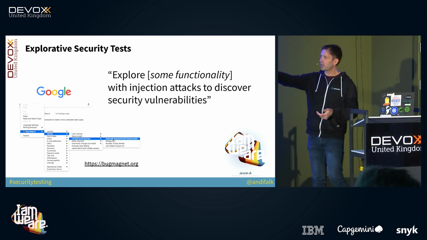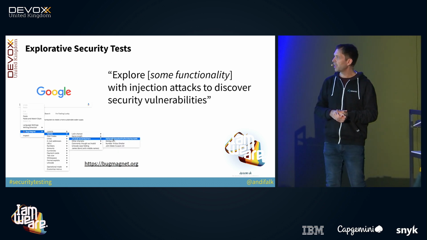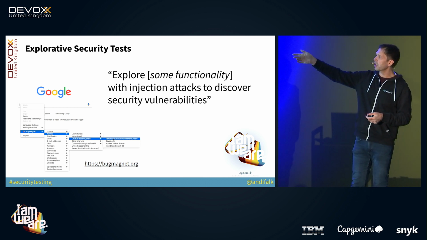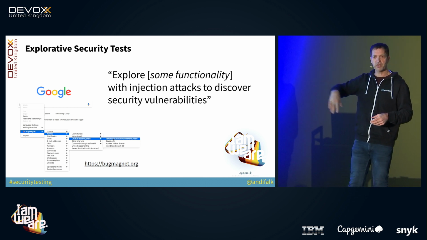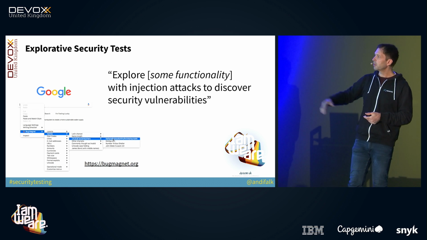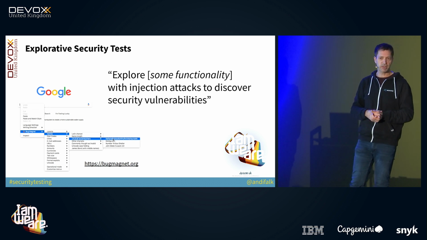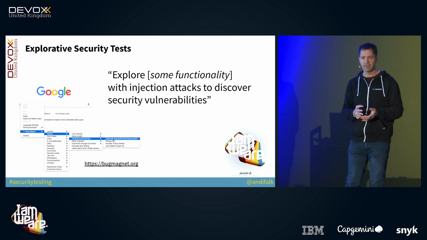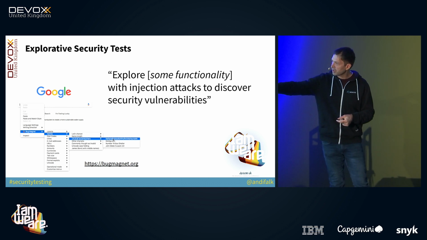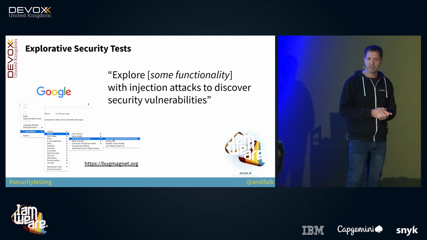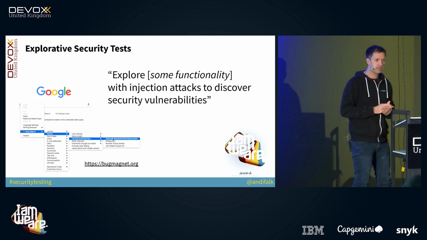So this is an example of an explorative test charter. I want to explore some special functionality in my application with injection attacks to discover some security vulnerabilities. I can also use some useful browser plugins for this kind of test, like the Bug Magnet plugin.